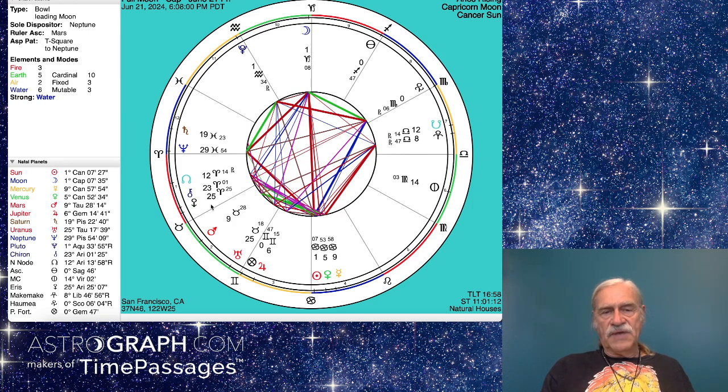We also have a connection in terms of declination, because if we right-click in the Time Passages software, it shows us the declination point and that there's a parallel. So within a degree is a parallel, and sure enough, this is point 2, declination, and in a negative direction. And it turns out that Neptune is also negative 1.2, so that's within 1 degree.